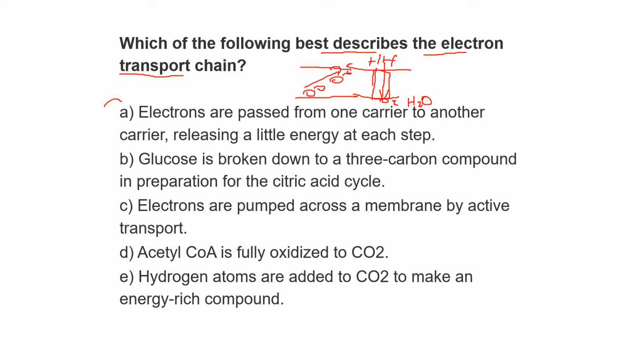So if you read A, this is a perfect definition because electrons are passed from one carrier to another, exactly what we studied, and they are releasing energy at each step. So that is perfect. But let's see if there is a better answer.